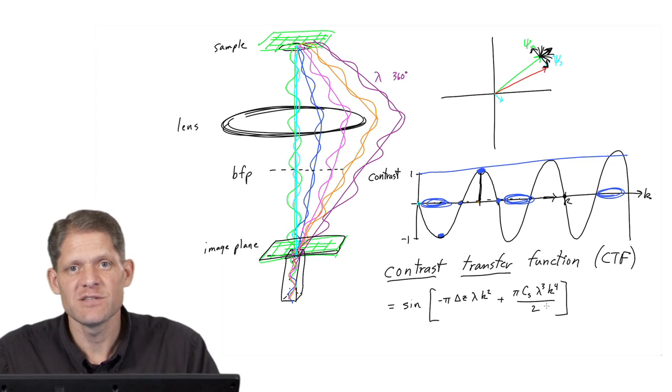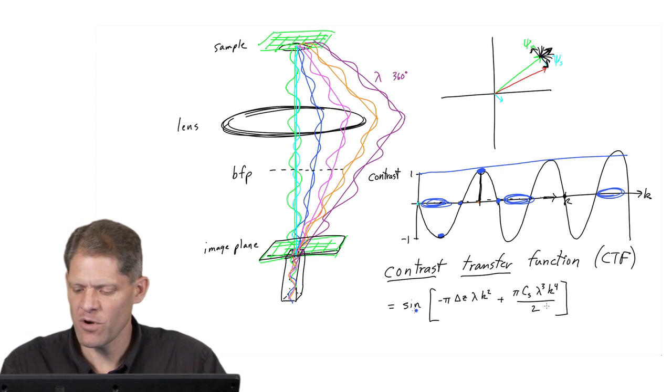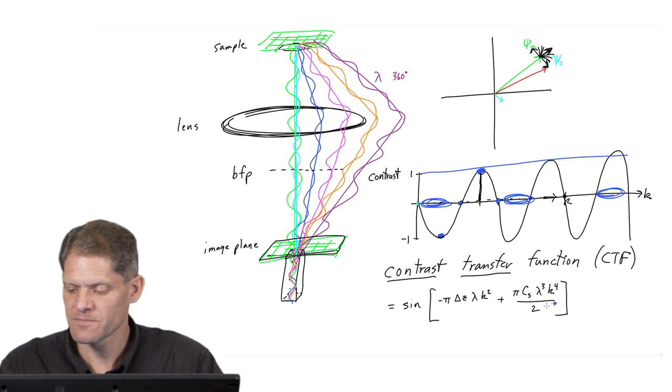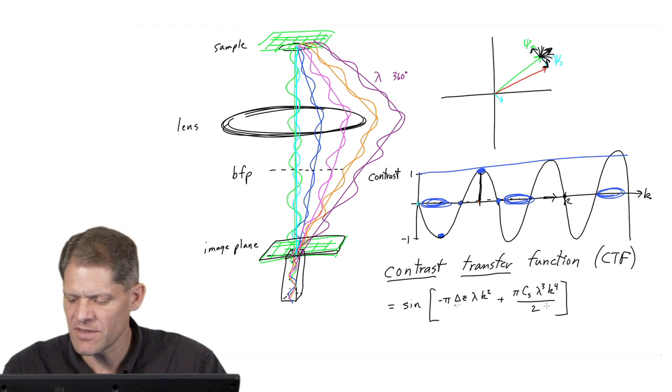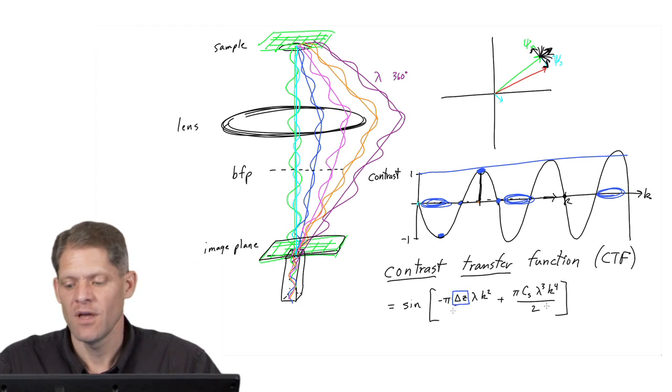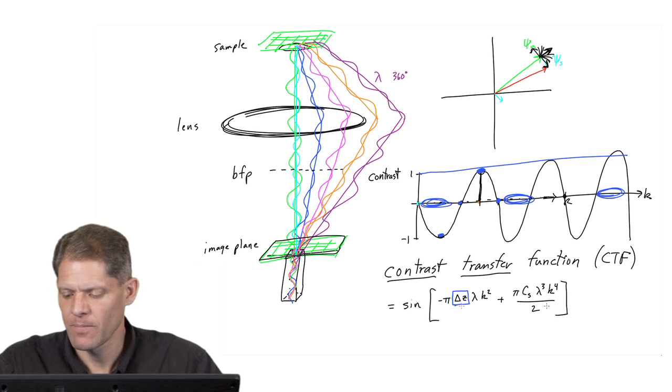So let's go back to this picture where we wrote the formula for the contrast transfer function, sine of these terms. I want to call your attention to how the CTF depends on this term, which I mentioned was the defocus of the electron microscope.